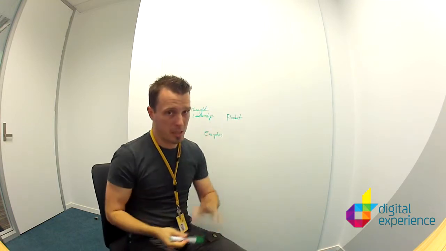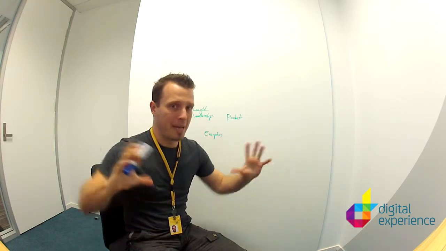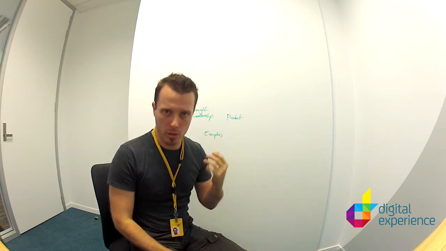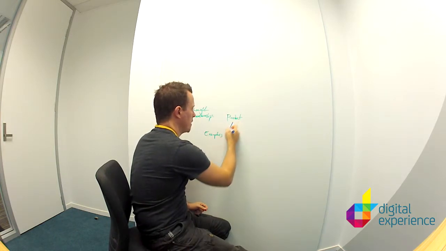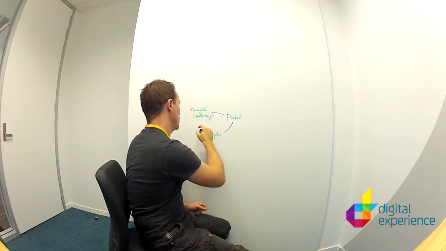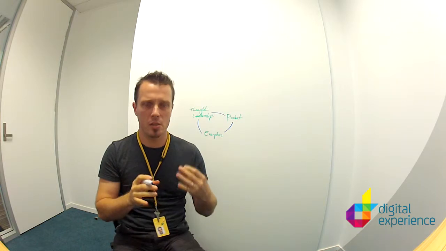Okay, now let's explain why they're important. They're important in a sort of mechanical way, and we'll get to that. But what I'm now going to explain is the sort of theory of why they're important. Between your product and your examples, and your thought leadership and your product, and your thought leadership and your examples, there's sort of three things.